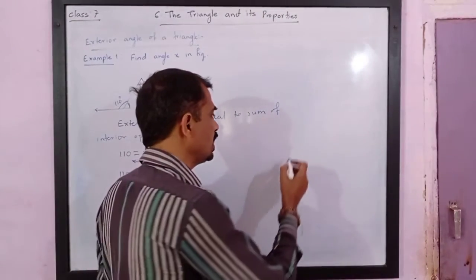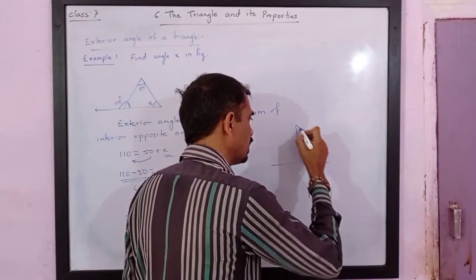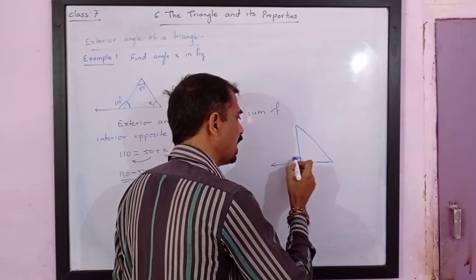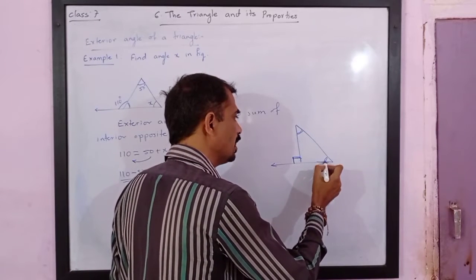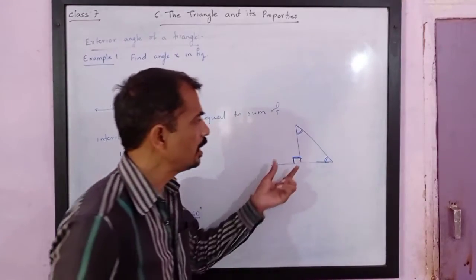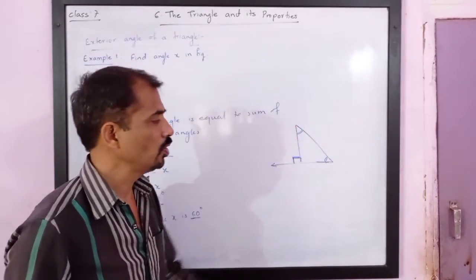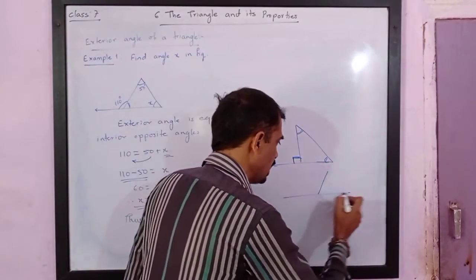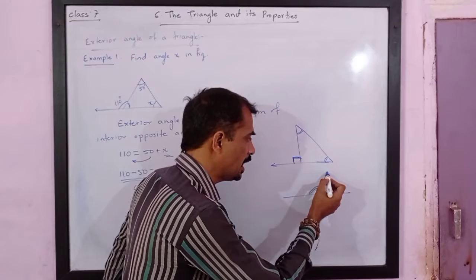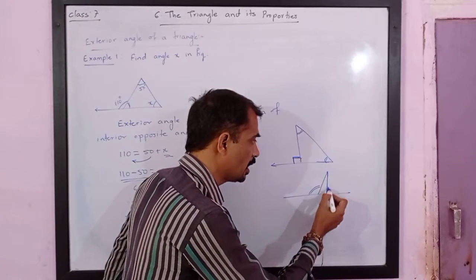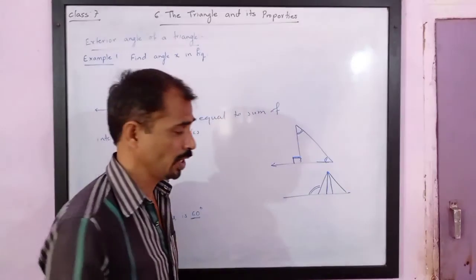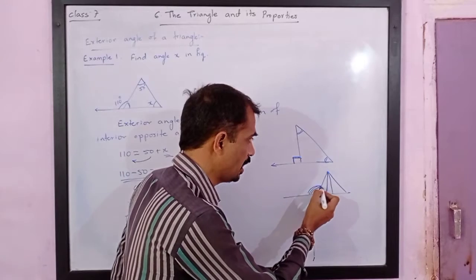Next, let's try to understand what happens if the exterior angle is a right angle. Watch carefully. If the exterior angle is a right angle, then the interior opposite angles are always acute. If the exterior angle is obtuse, then the interior opposite angles can be obtuse, can be right angles, can be acute as well.